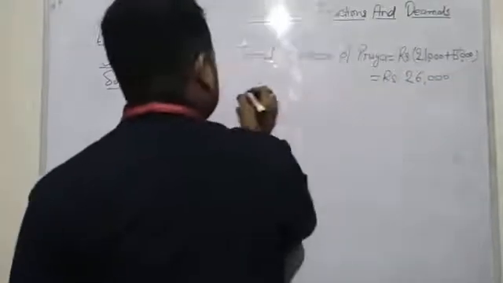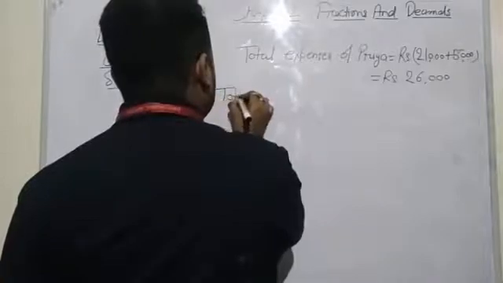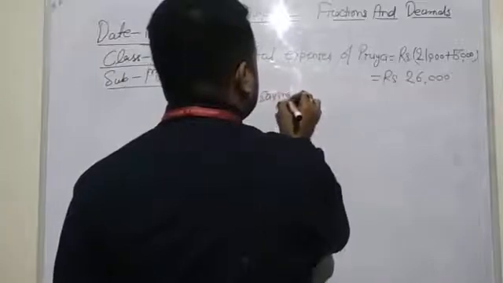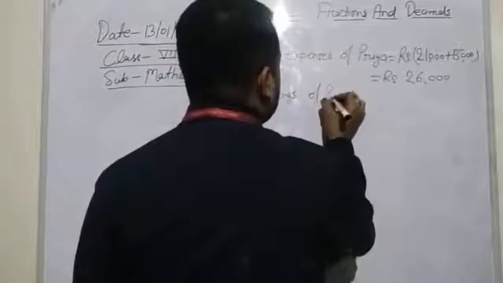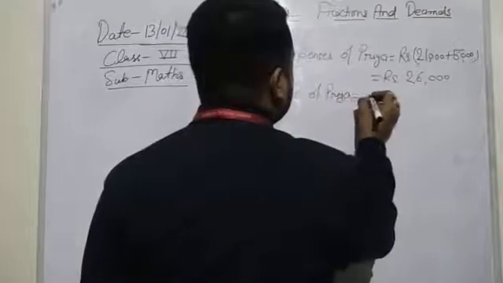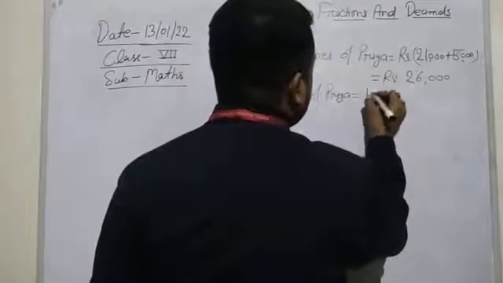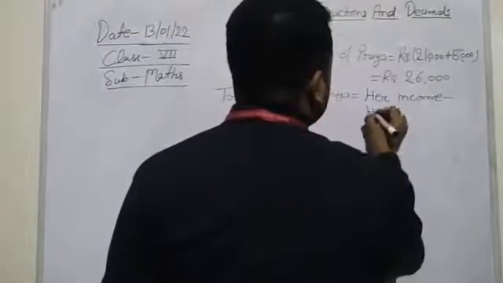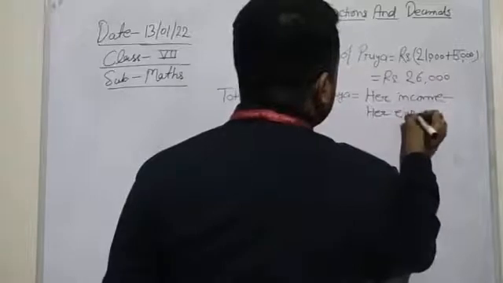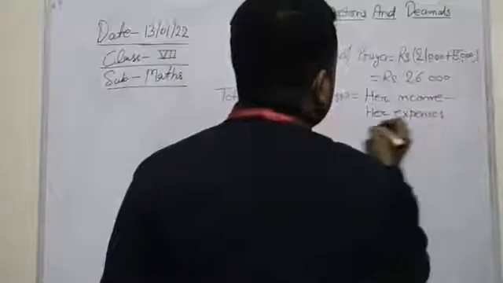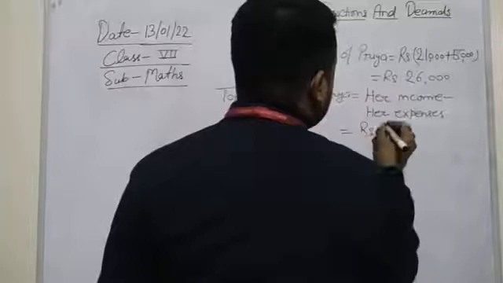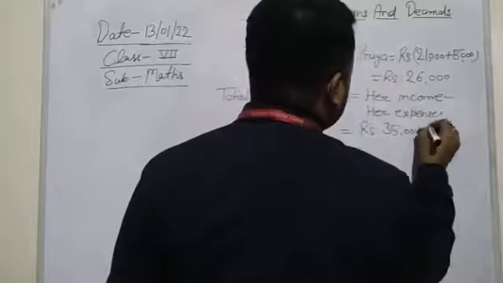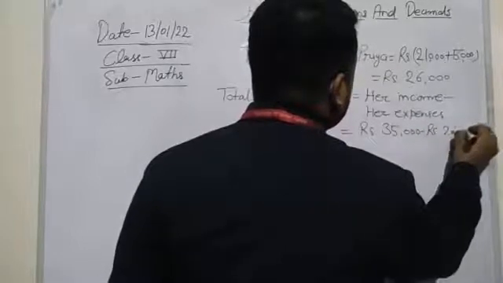So total saving of Priya is equal to her income minus her expenses, that is rupees 35,000 minus rupees 26,000.